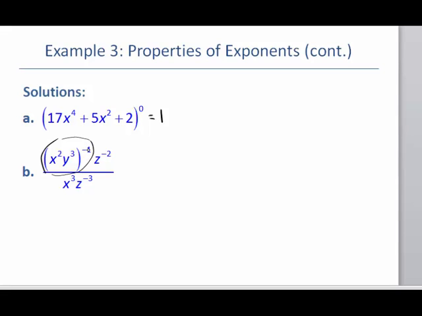So I'm going to take this -1 times that 2, and that part's going to become x to the -2. And then I'm going to do the same thing for the y. -1 times 3 is going to be y to the -3. All right, I'm going to leave the z to the -2 alone. And I'm going to leave the bottom part alone for right now.